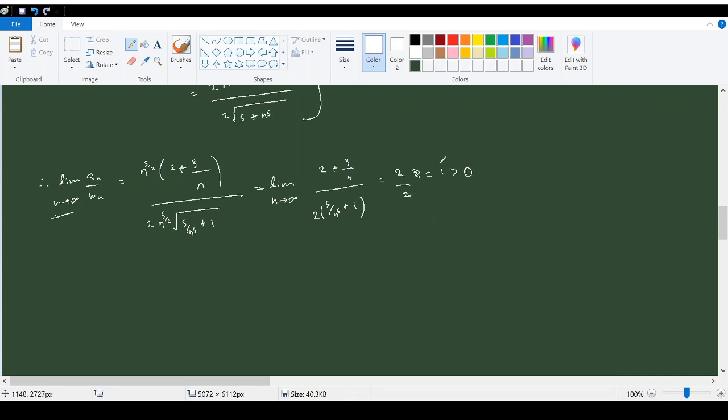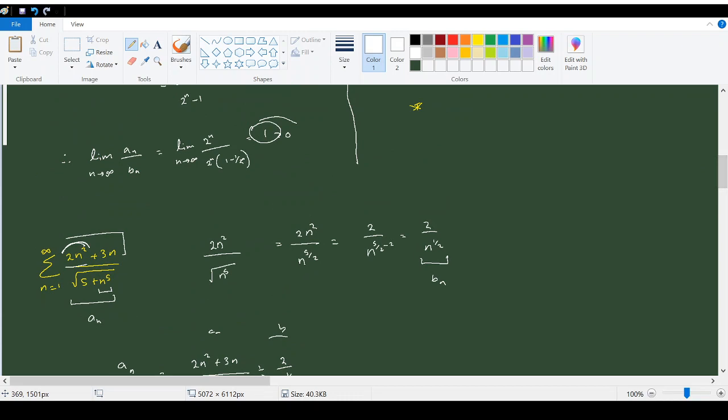And since the limit is greater than 0, if one series converges, then the other will converge. And here the second series that we use, which is this one, that means 2 divided by n to the power half, and that can be written as 2 times n to the power half. From the p series test we know that this series will diverge because half is less than 1.